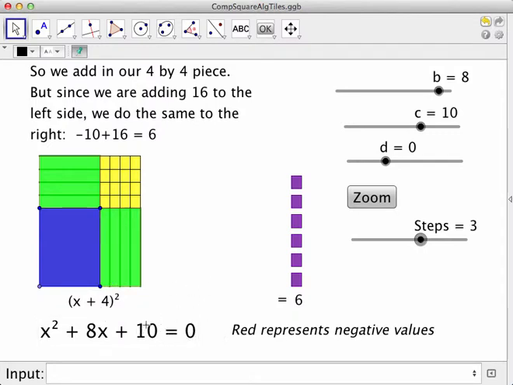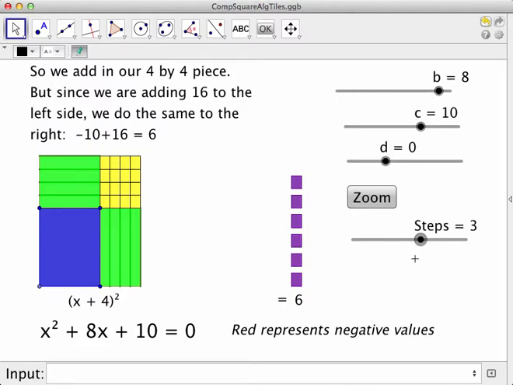We added that to both sides. So think about it again. The number here, 6, is equal to the number here, which we call C, minus the number 8 squared, or rather half of 8 squared, which is 16, minus 10. That gives us this number here.